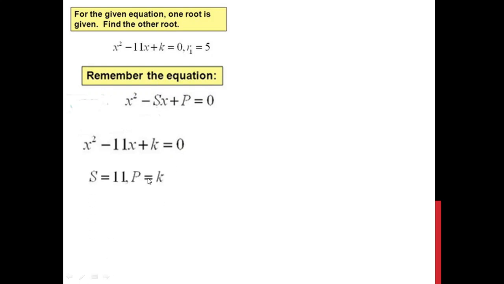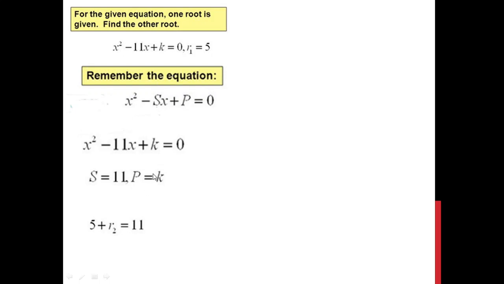So s here is the numerical coefficient of your middle term, which is 11. Take note, no need to get the sign of this one because it is fixed on this equation. And your p, or the product, is unknown on this given equation.